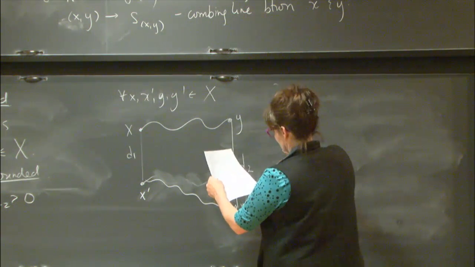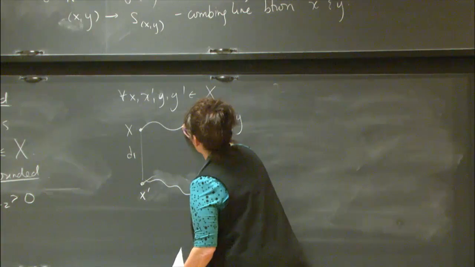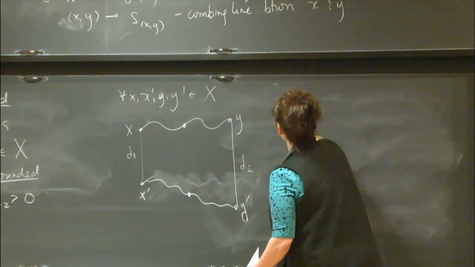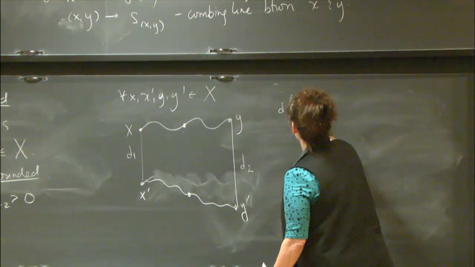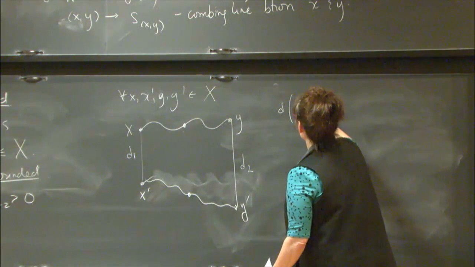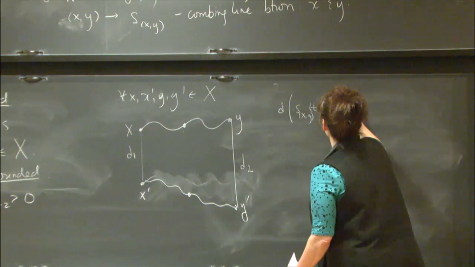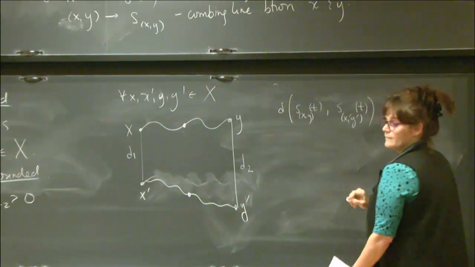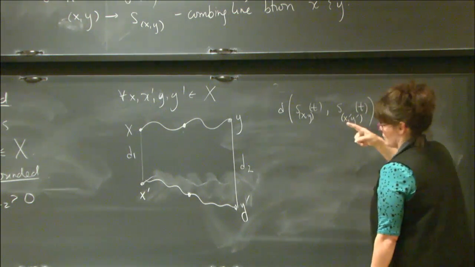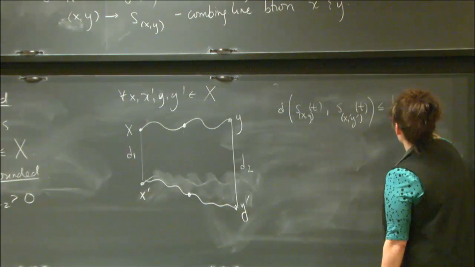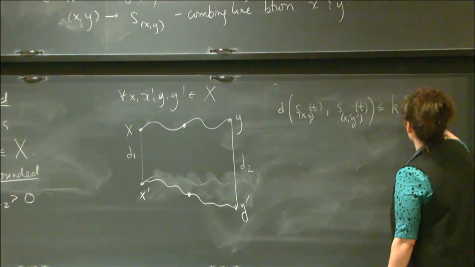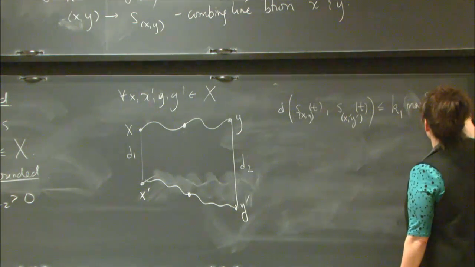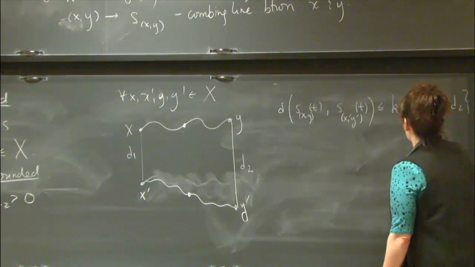So the distance, I'm going to draw this picture. So this is a combing line. The distance between, if I look on the top combing line at time t, and I look at the bottom combing line at time t, that's less than or equal to, now you're going to see where I messed up that max before, k1 times the max of the end distances plus k2.